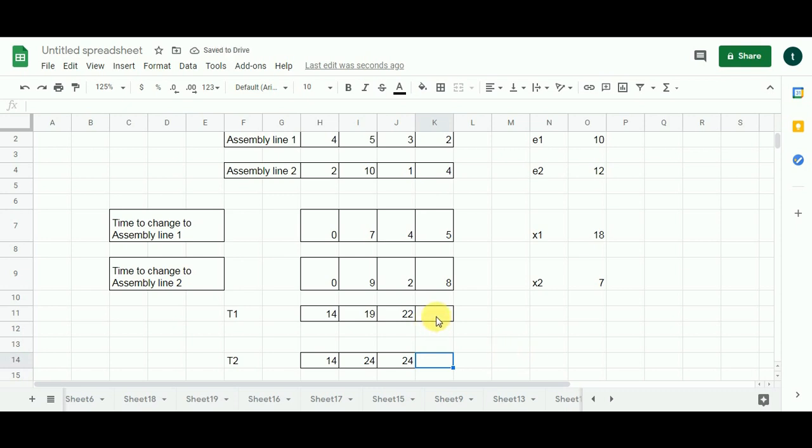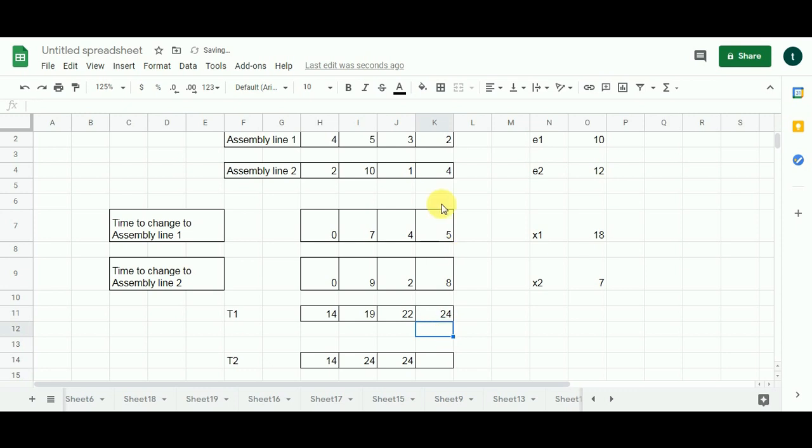Alright, so we are at the end, we are at the last cell now. So over here again we have two choices. The chassis can arrive from here or it can arrive from here. So when it arrives from the same assembly line, the time incurred will be 22 plus 2, it will be 24.